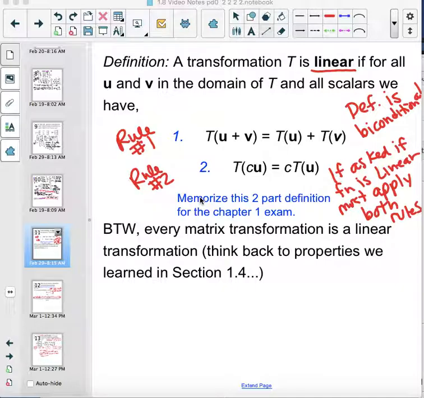Part 1, Part 2, memorize these two parts for your Chapter 1 exam.